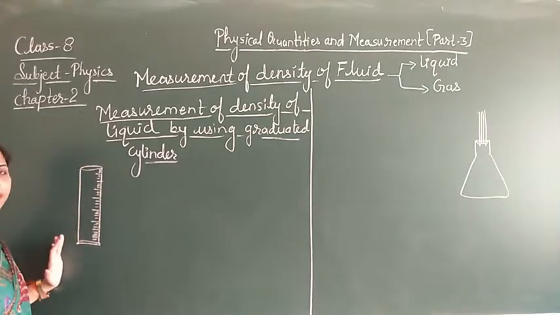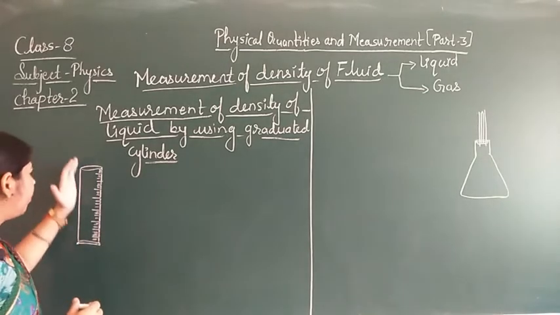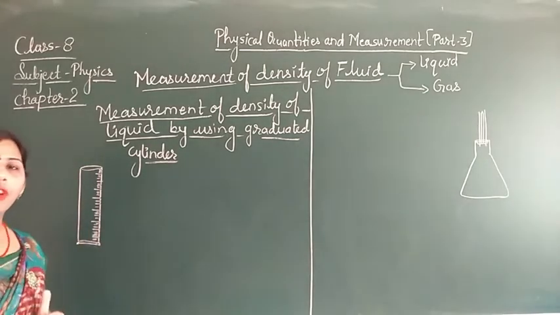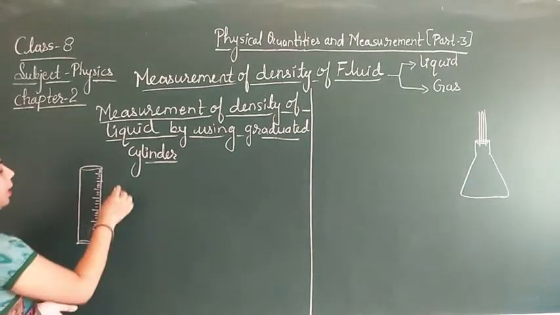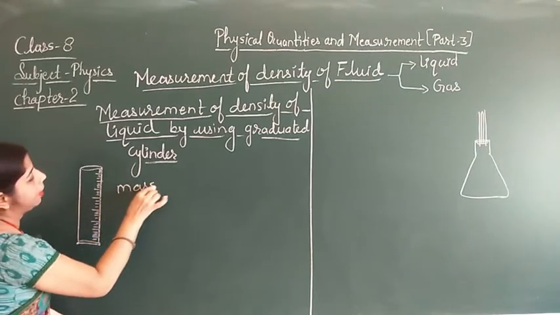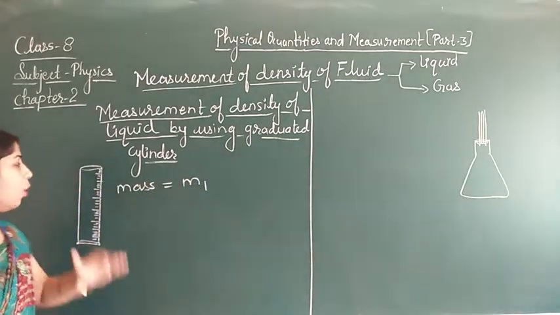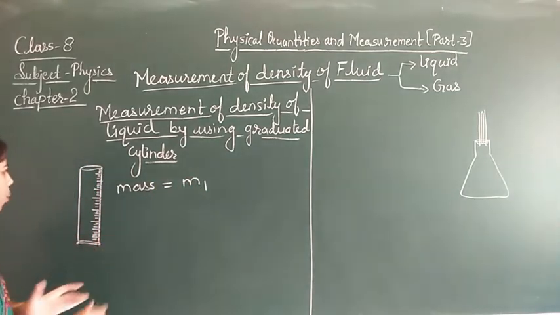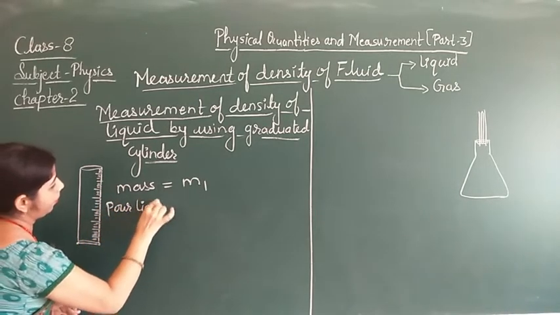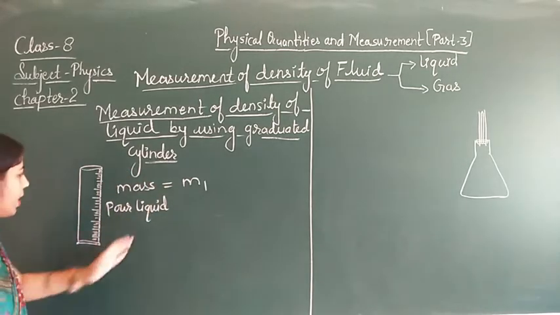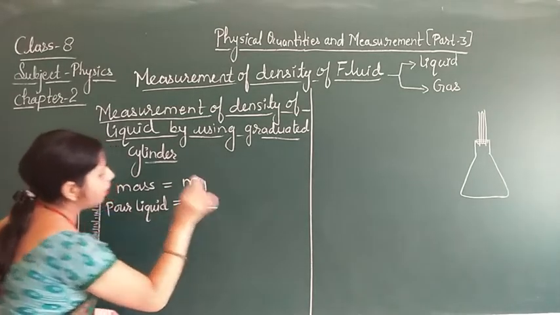So this is the empty cylinder, and before pouring the liquid we must know its volume, and for that we must know the mass of the vessel. So the mass before pouring the liquid is equal to M1. Now pour the liquid whose density is to be measured, and after pouring the liquid, measure its mass again, and it should be M2.